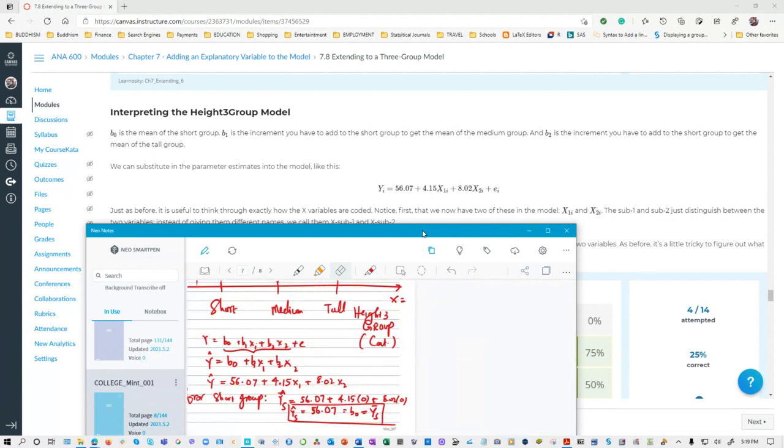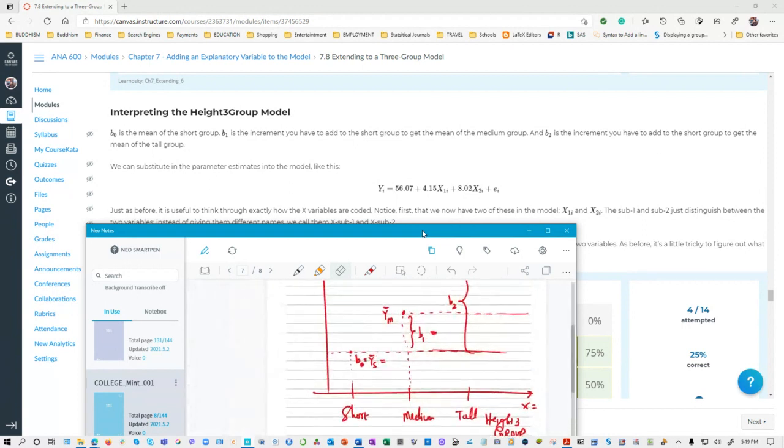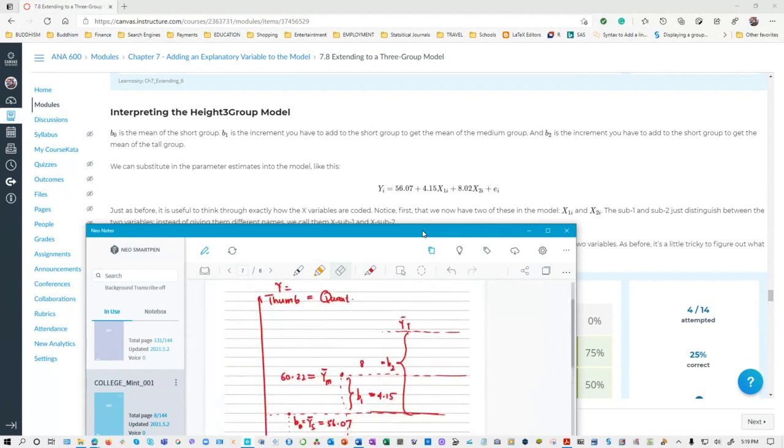The averages: this one is 56.07, this one is 60.22. B1 is 4.15. B2 is 8.02. Y bar tall is 64.09.